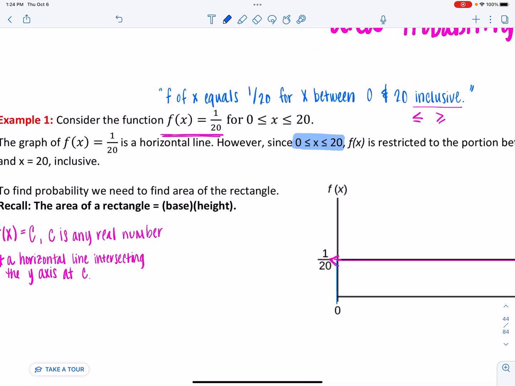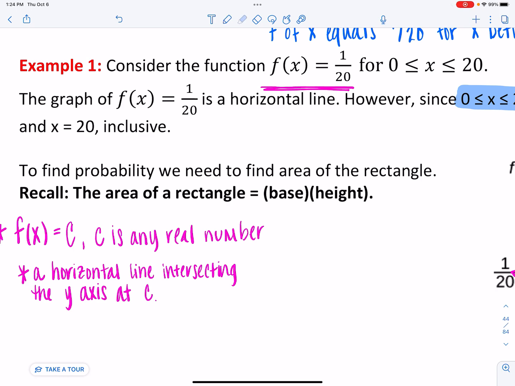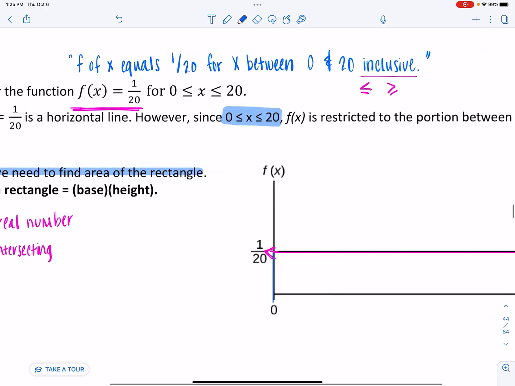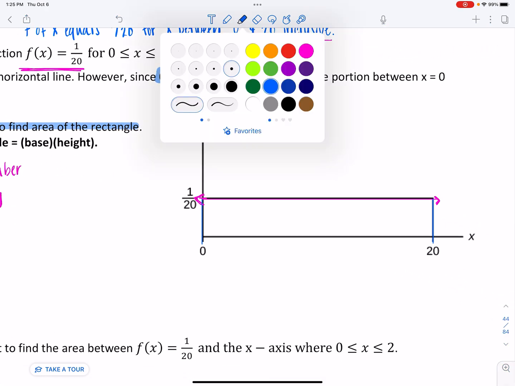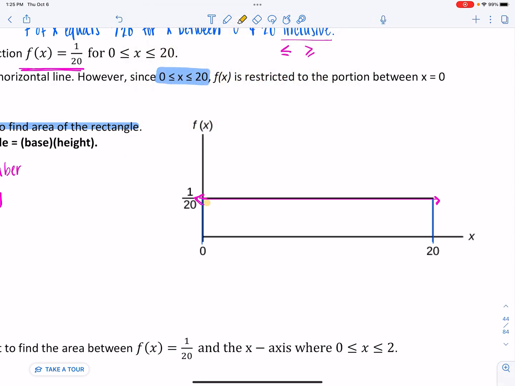Now, we are asked to find the probability, so we need to find the area of the rectangle. So we need this area in here. There's a reason I'm taking the time to shade this in. You'll find out the method behind my madness shortly.